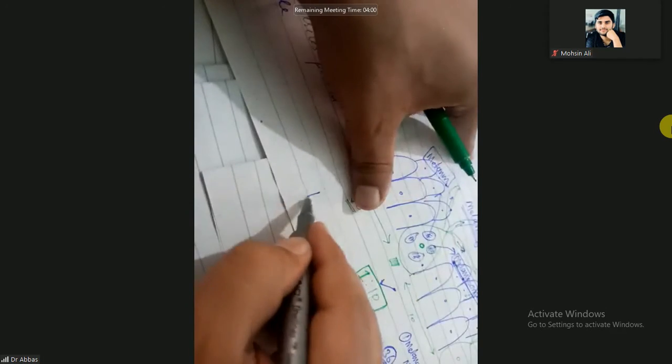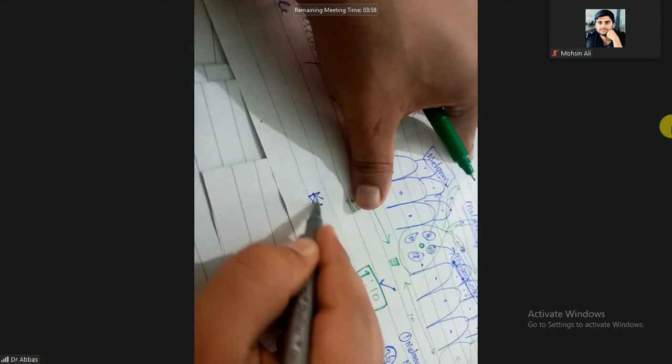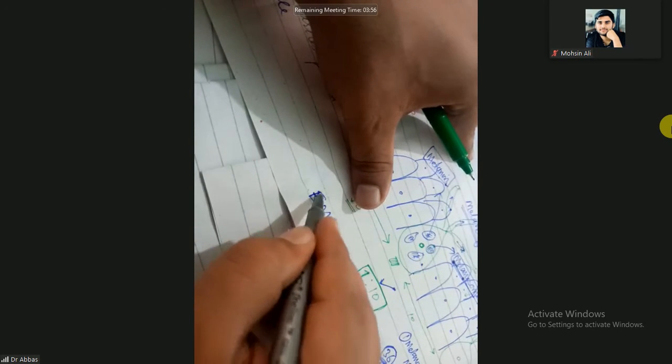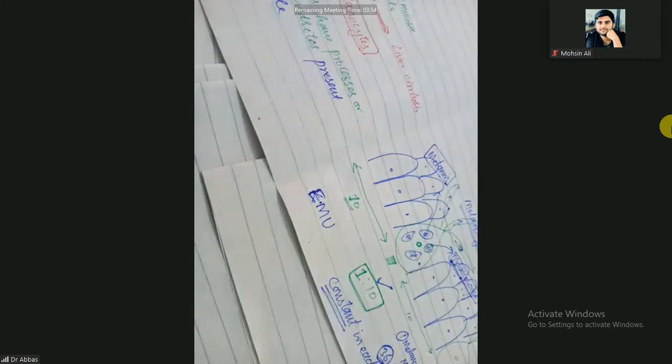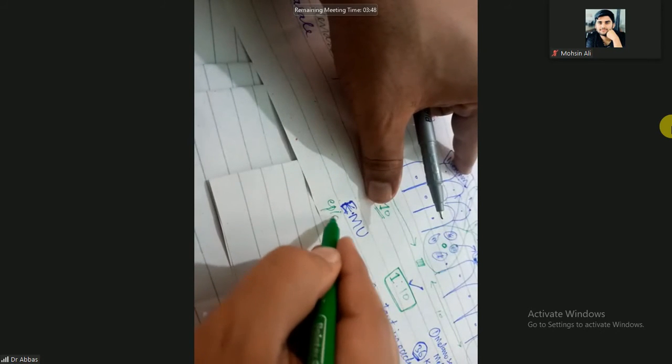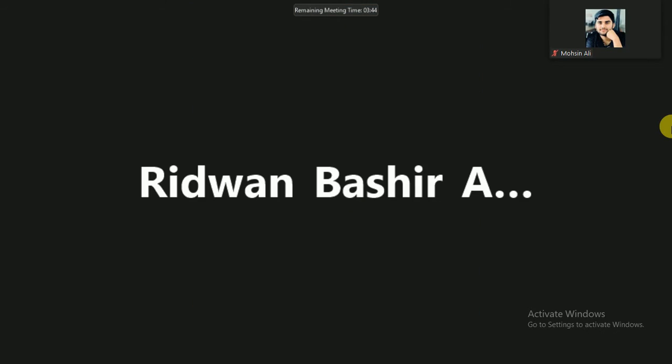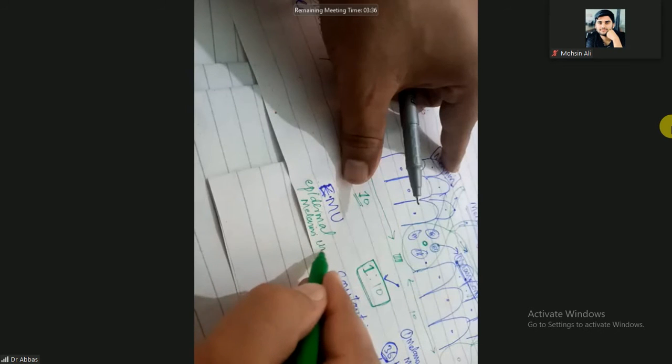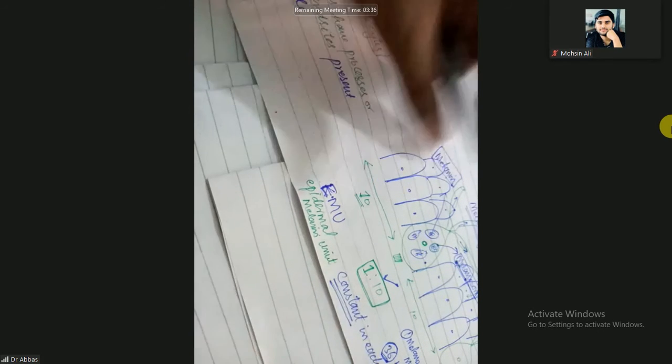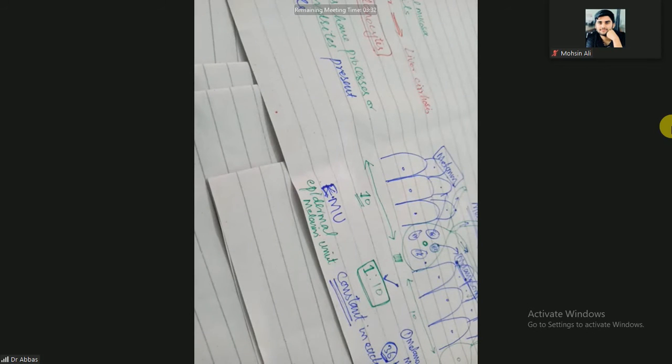EMU. It means epidermal melanin unit. EMU, epidermal melanin unit.